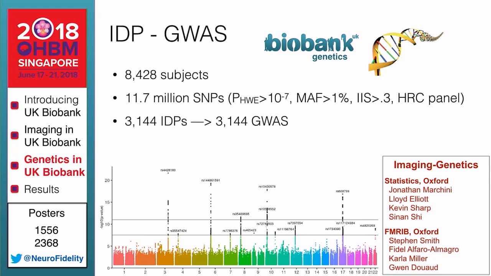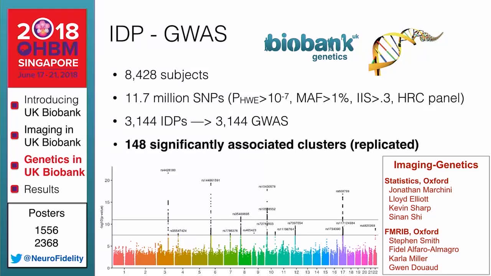And we ran GWAS per IDP, as we have 3,144 IDPs, including free surface volumes and subcortical volumes of many kinds. We ran one GWAS per IDP. We found 148 significantly associated clusters, and these results were replicated in a different set of 3,000 subjects.